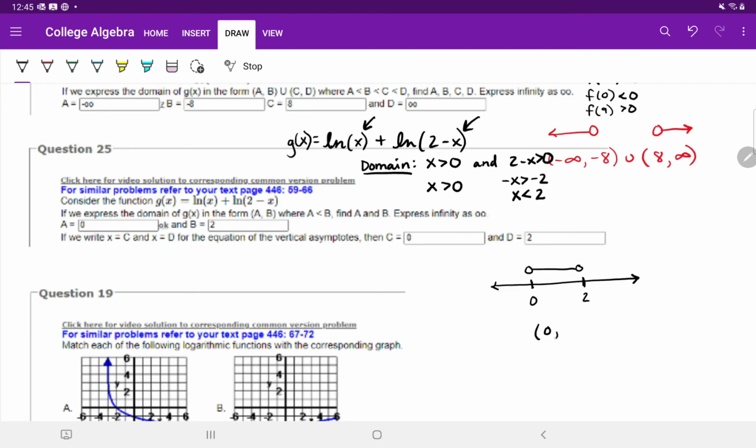So my interval is going to go from 0 to 2, close parentheses. Vertical asymptotes are going to appear at x equals 0 and x equals 2. So we're going to put those values in here and here as our vertical asymptotes.